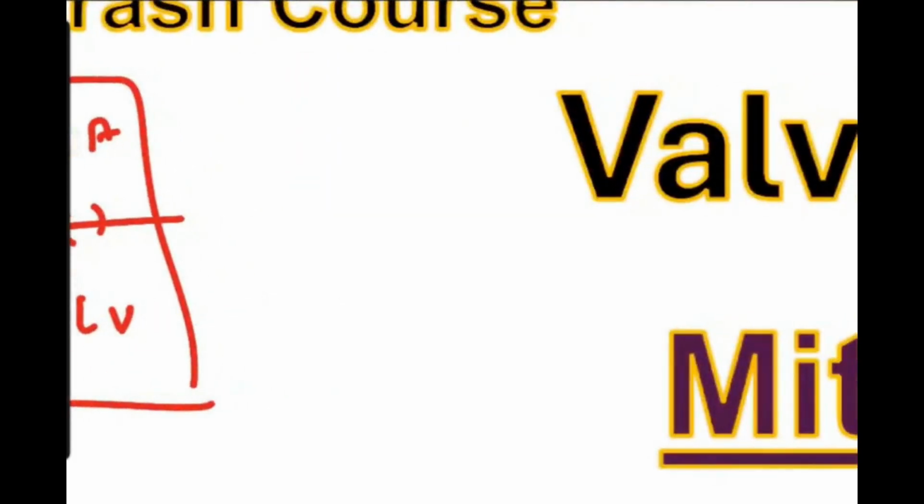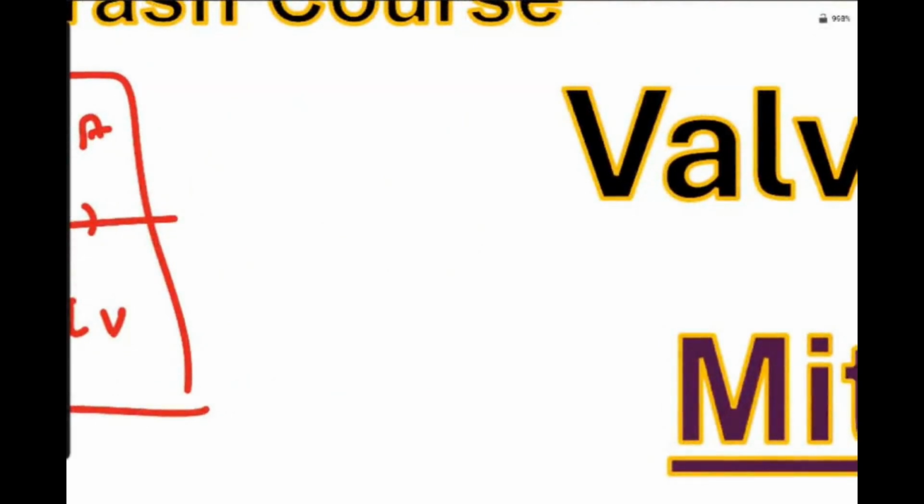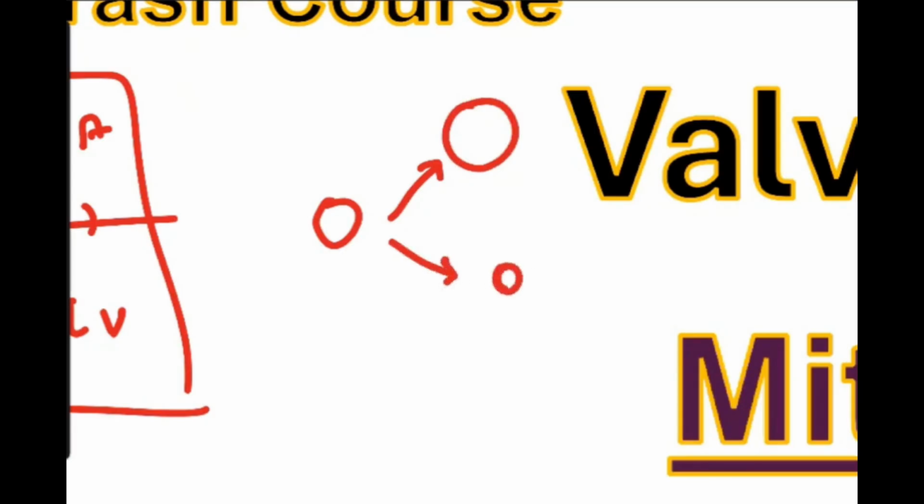See, any valvular disorder can be of two types. This valve can either become narrow in its lumen, or the lumen can become large.